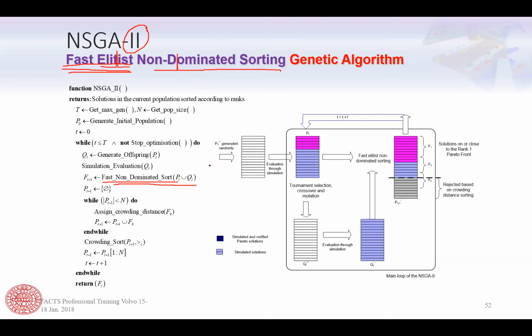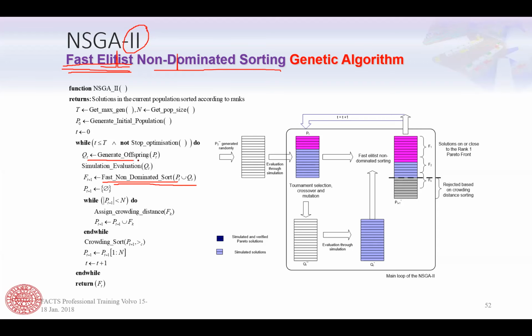But the interesting thing is to look at the pseudocode here. If you remember, when we talked about the genetic algorithm, we talked about selection, crossover, and mutation. Those will still be there whenever you generate the offspring.